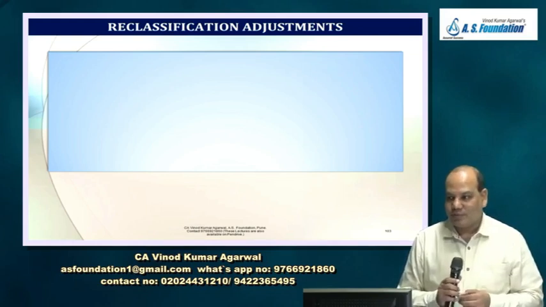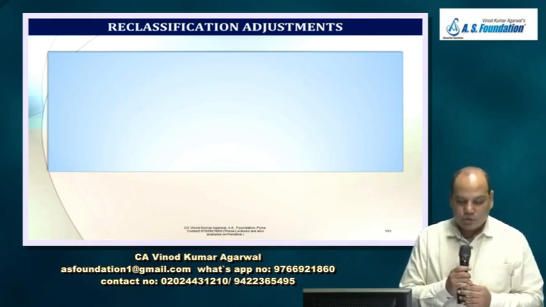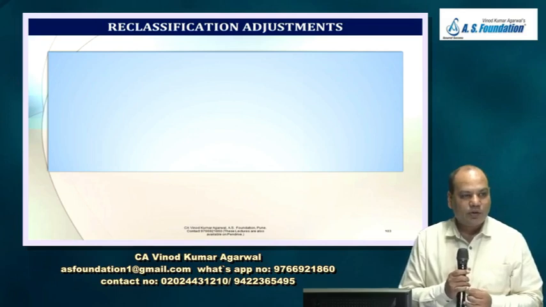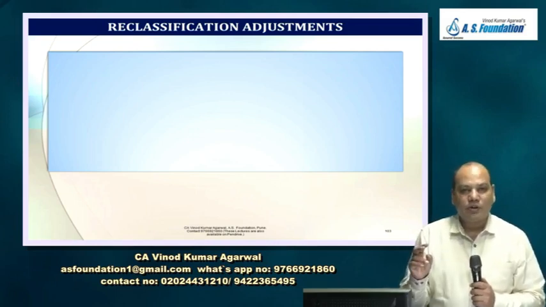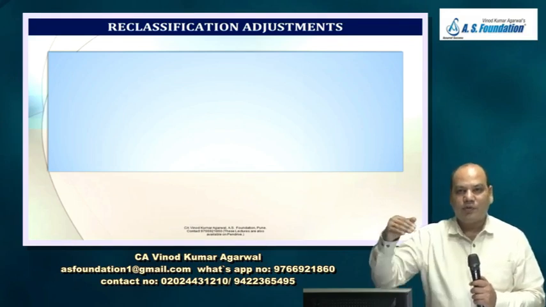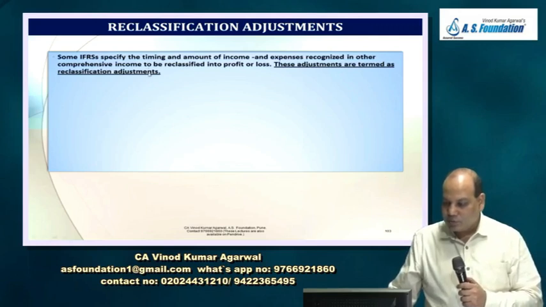OCI is of two types. Those which are subsequently reclassified to profit and loss, and those which are not subsequently reclassified to profit and loss. Which will be reclassified into profit and loss and which will not be reclassified is governed by respective IFRS. Okay. So some IFRS specify the timing and amount of income and expense recognized in OCI to be reclassified into profit or loss.